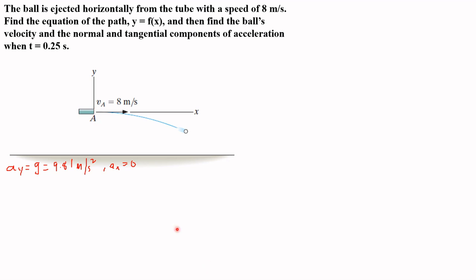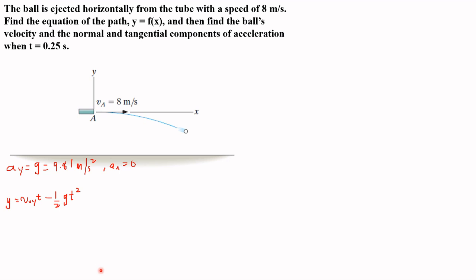Okay, so since we have constant acceleration, we can use the kinematics relations with constant acceleration. So we can use y equals v naught y t minus half g t squared. Remember, we can only use this relation and the subsequent relations when we have constant acceleration.